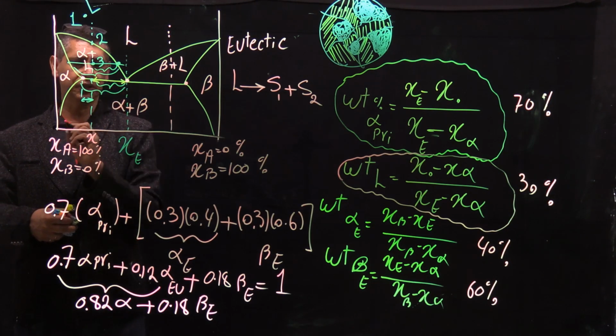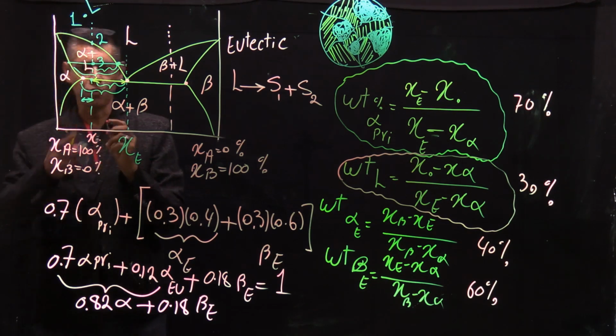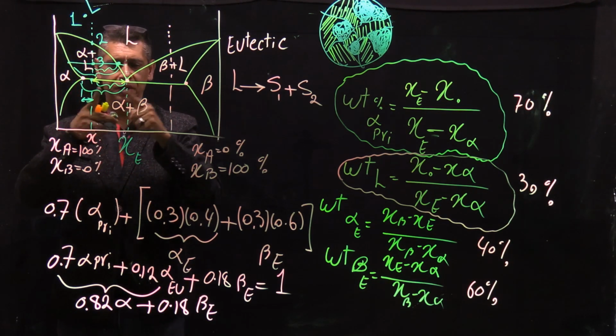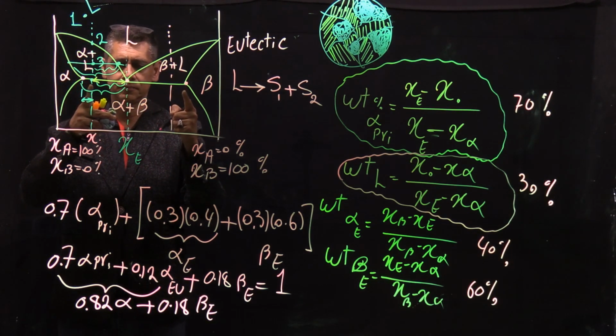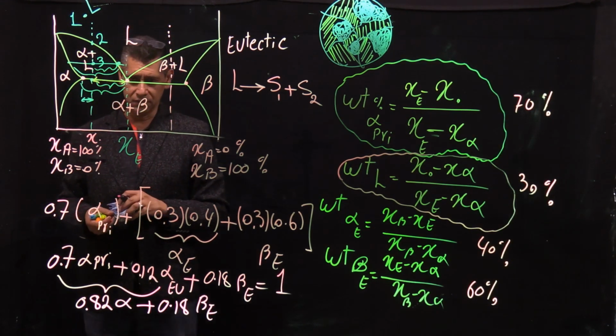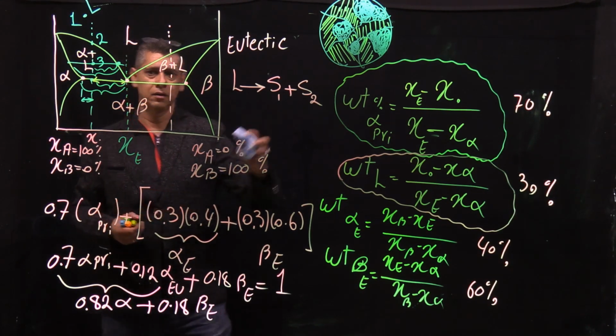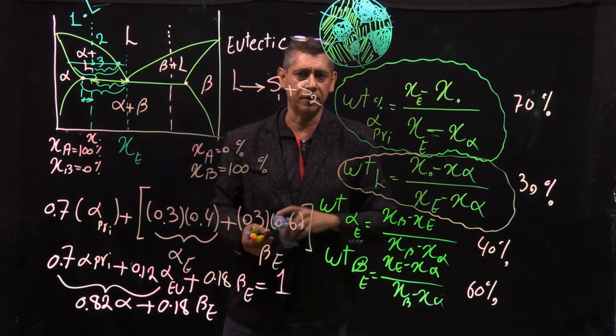So what you do is, you are at this x sub 0, you want to know how much alpha you have. Forget about the eutectic now, it is this length divided by the entire length. And I think I should maybe write it here in this area.